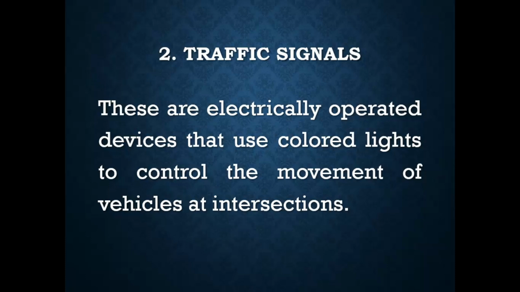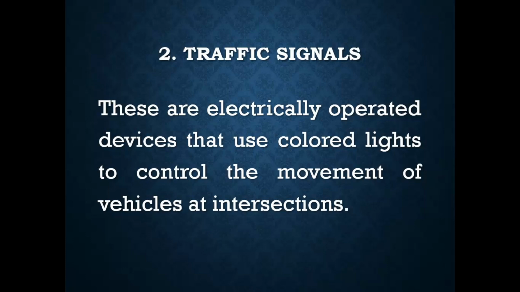And an example of a traffic signal is what we call the traffic light. You see, there is a point where the traffic light shows a red color, which means stop. Then it changes. So the major word we can use here for traffic signal is that it is dynamic in nature. Dynamic means it changes over time. So the traffic light is red at a point, then after a while, maybe a few seconds, it changes to yellow, which means the vehicles are meant to get ready at that point to move.